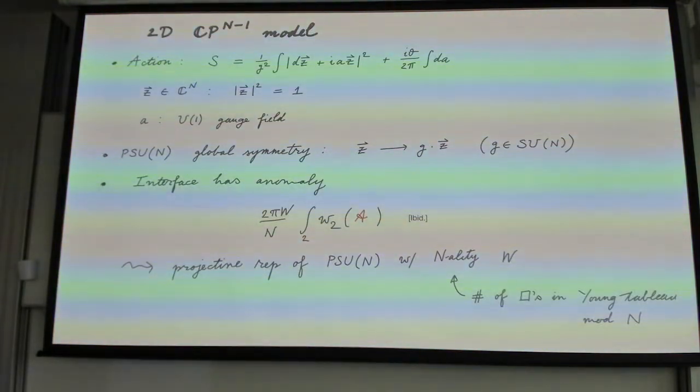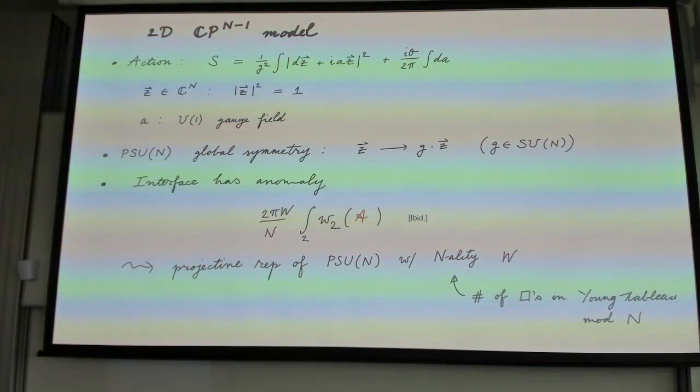So just a reminder on this model, its action is given like this. It's got a unit vector field, an n-component complex vector z, and it's got a U(1) gauge field A, which is auxiliary, so you can integrate it out if you like.